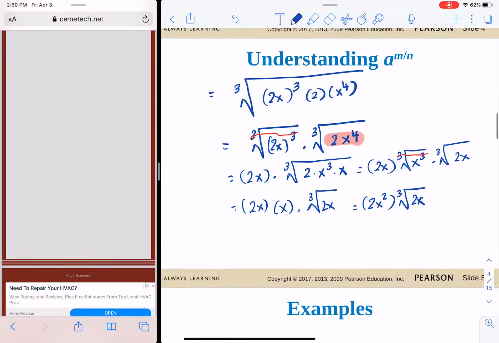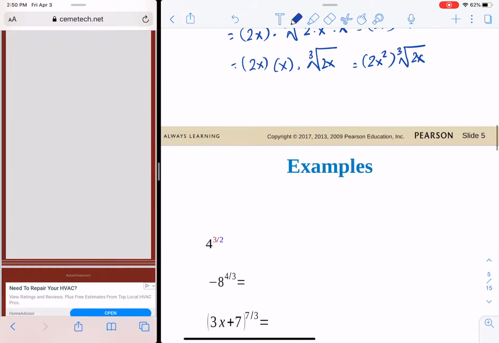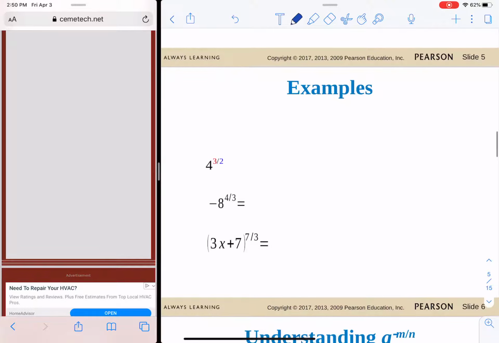So the section here is understanding a raised to m over n. So we could write a raised to m over n as a raised to m, raised to 1 over n. So a raised to 1 over n is simply the nth root of a raised to m.